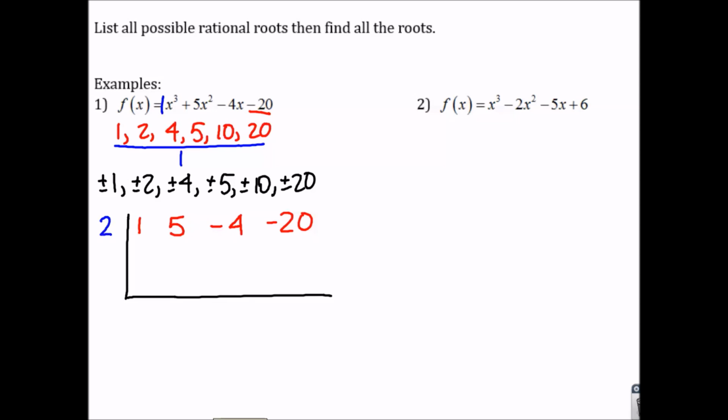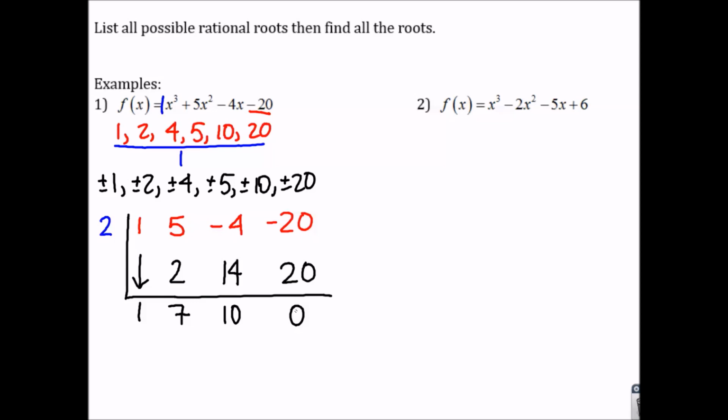So remember, when you do synthetic division, you bring down the first number, then you multiply the number outside, so 2 times 1. Write that number in the next column. Then you add 5 plus 2, multiply 2 times 7, add -4 and 14, multiply 2 times 10, and then add -20 and 20. So I get a remainder of 0, which is what I want.